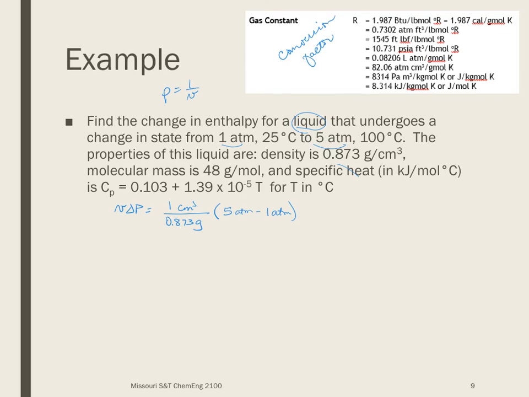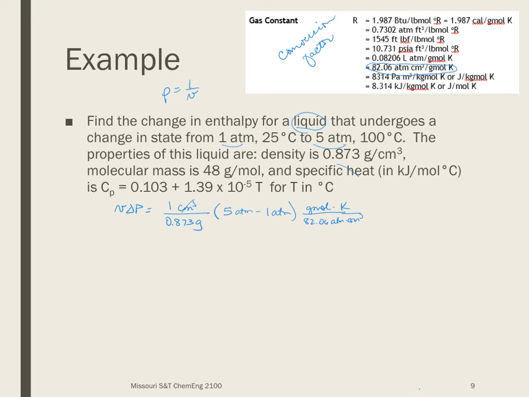But my units here are kind of nonsense, right? I have cubic centimeters, atmospheres, and grams. So although this is correct, it doesn't have meaningful units for energy. So what I do is I look at various values of R. This piece right here has cubic centimeters, atmospheres, and gram moles: 82.06 atmospheres cubic centimeters per gram mole Kelvin.